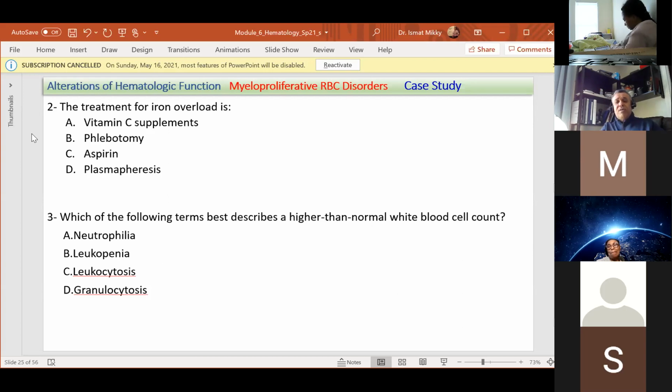The treatment for iron overload is phlebotomy. Approximately 550 mLs of blood will be removed with the phlebotomy technique, which is equivalent to about 200 up to 250 milligrams of iron. And this treatment will continue until the ferritin level falls into acceptable ranges.